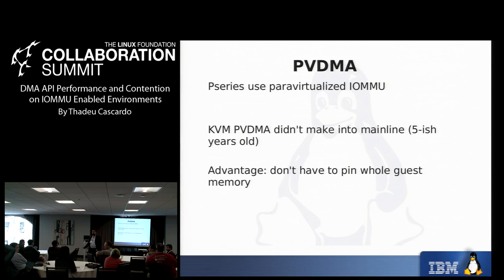But isn't that the case with any IOMMU, that you have to pin the memory? You have to, but you don't have to pin all the guest memory if you're doing paravirtualized DMA, because then the guest requests the host to map it. Oh, yeah, you're right. So I'm not sure if anybody's interested in doing that. That's one of the inputs I was looking for.